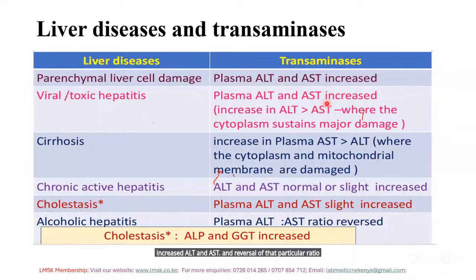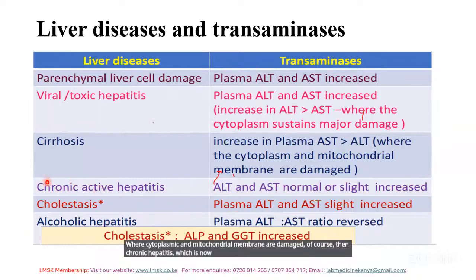Instead of AST being more than this, the ratio is reversed. Then cirrhosis, an increase in plasma AST, where cytoplasmic and mitochondrial membranes are damaged, of course. Then chronic hepatitis, which is more than 6 months, ALT and AST are normal or slightly increased.